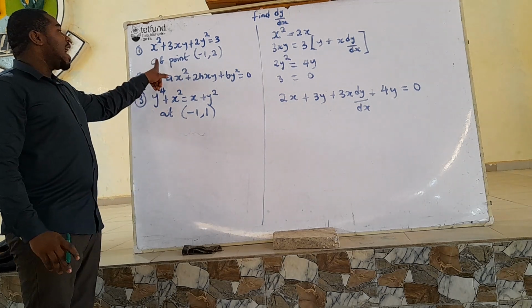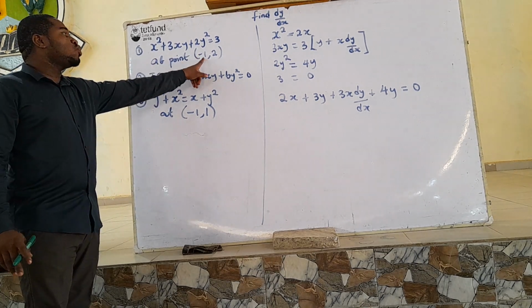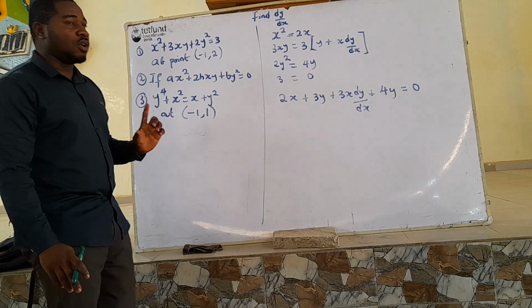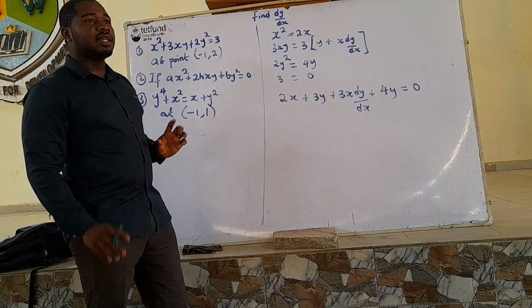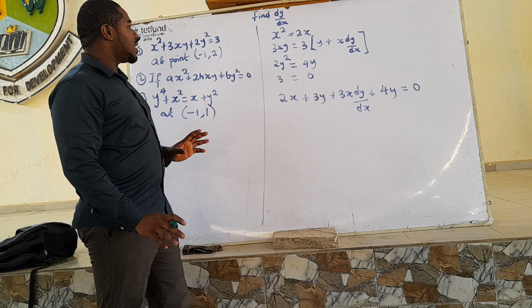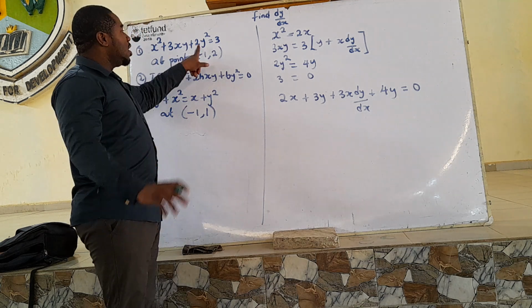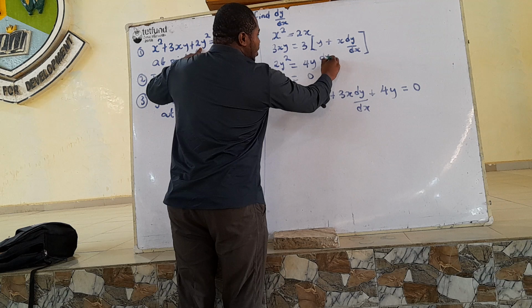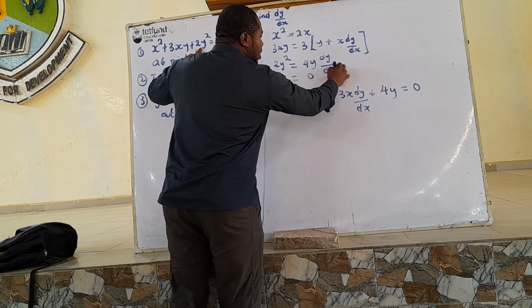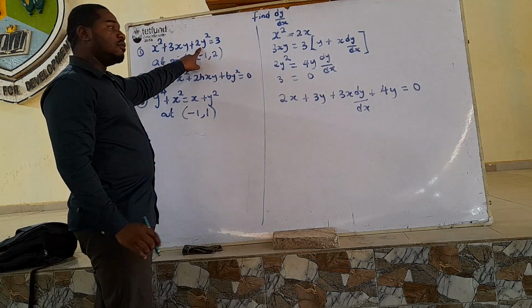Now, they say at point -1, -2, which means, first of all, I must obtain the value of what? The dy dx. Is that not so? But look at this. When you differentiated y, you must also add what? The dy upon dx. Is that not so? Fantastic.